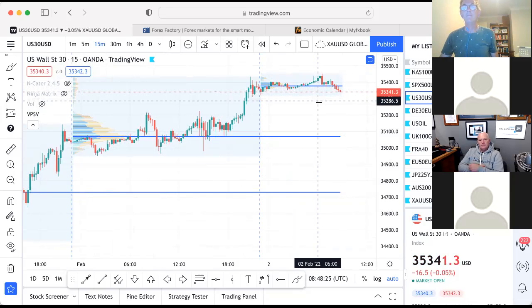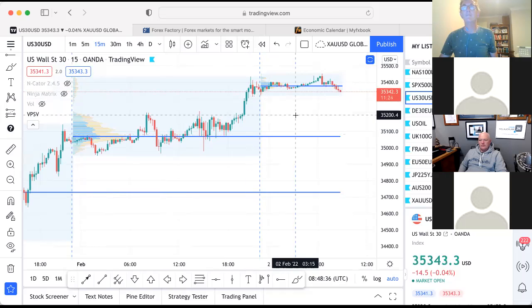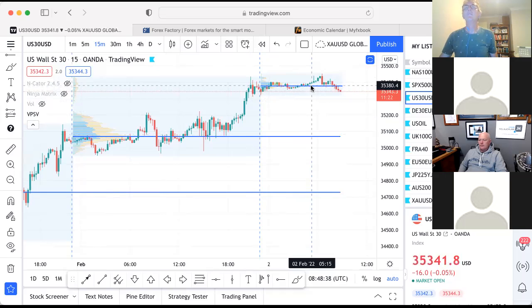Perhaps worth mentioning that the reason we look at yesterday's point of control is because that's fixed. The day's over and that point of control is not going to move at all. Whereas today's point of control is still developing, so it can shift as price moves around.